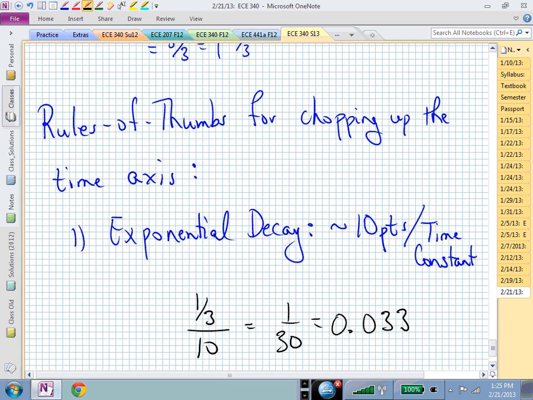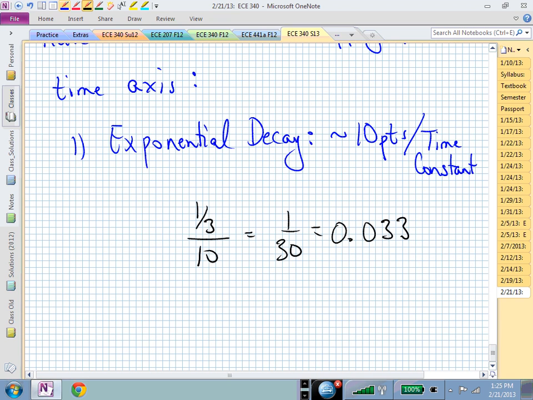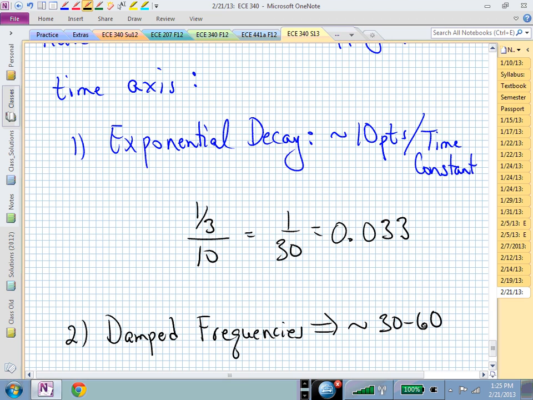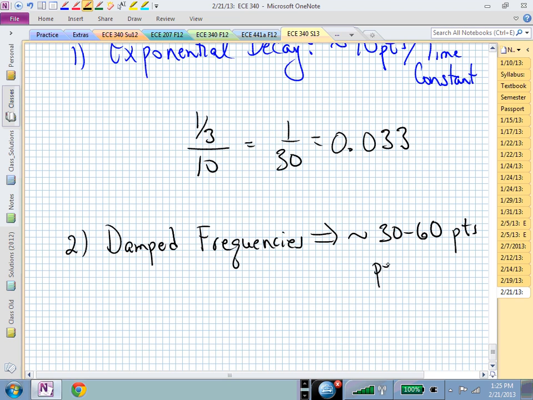Then we have the damped frequencies. And I believe the textbook says something like 30 to 60 points or samples per, let me call it a damped period.